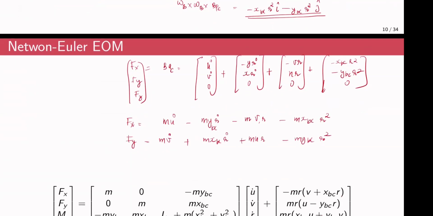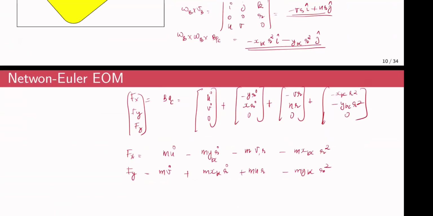And I can write it in a matrix and vector form. So I'll write it as Fx, Fy. Fz is going to be 0 because it's a planar mechanism. And if I write it like this, u dot, v dot, and r dot are the vector of accelerations. And this matrix, which we are about to fill, we call the mass matrix. So if I segregate everything into a mass matrix, you will get m u dot.